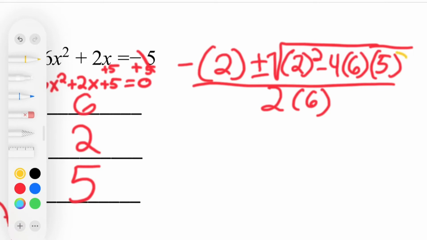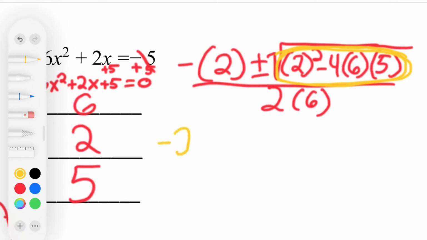There is a reason why I taught it the way I did. Only put what is underneath this radical to help you know what you need to simplify. We do not want ugly decimals when we're doing these. We want exact values.